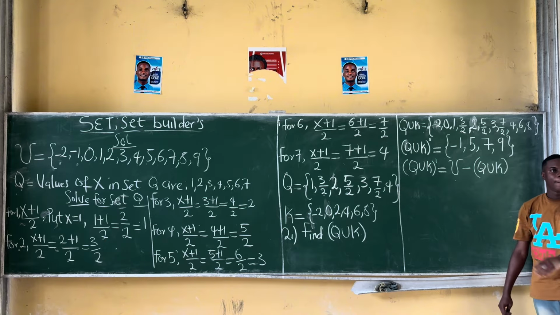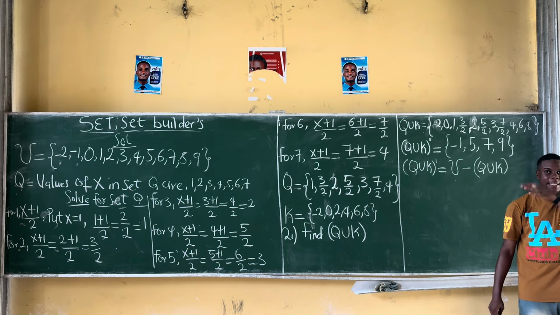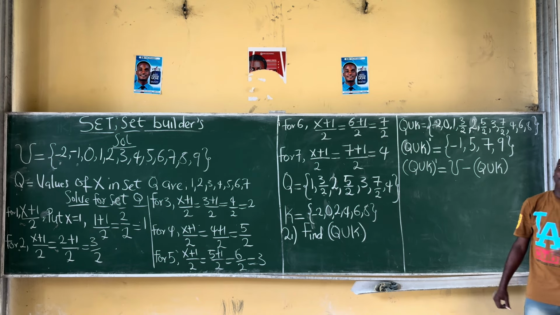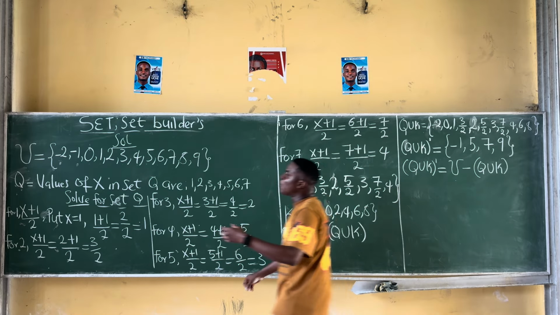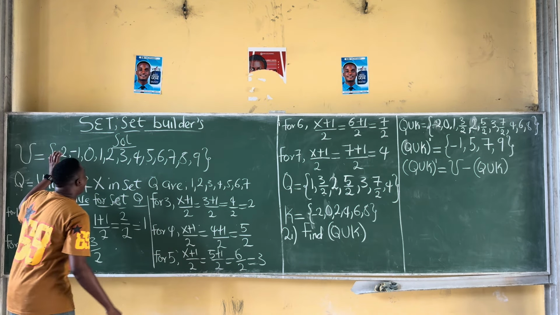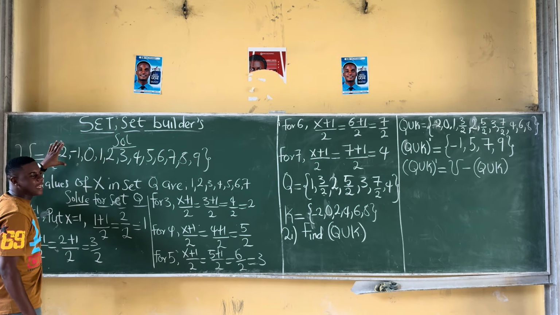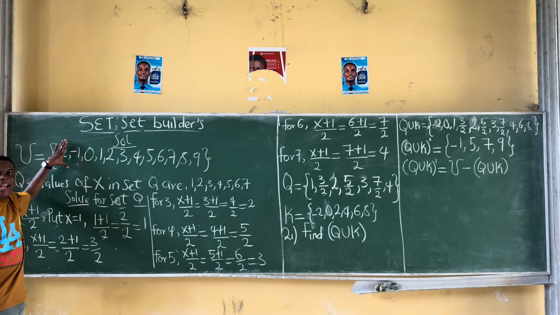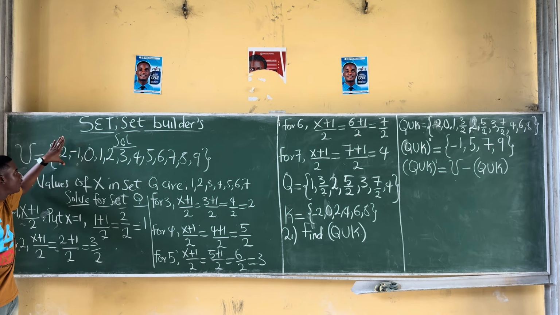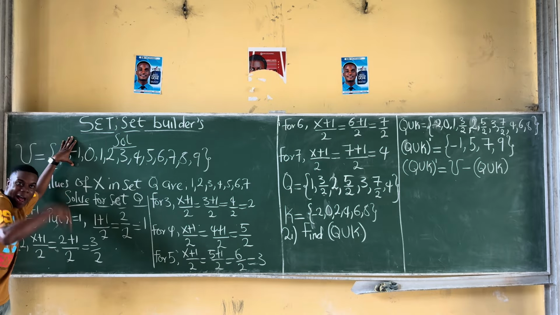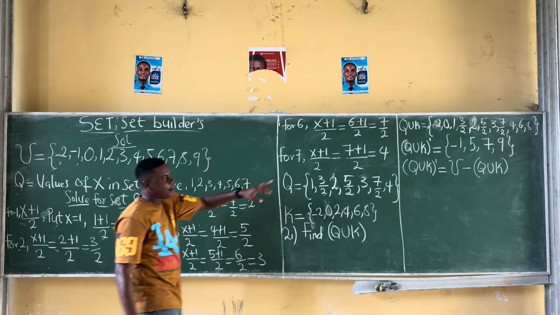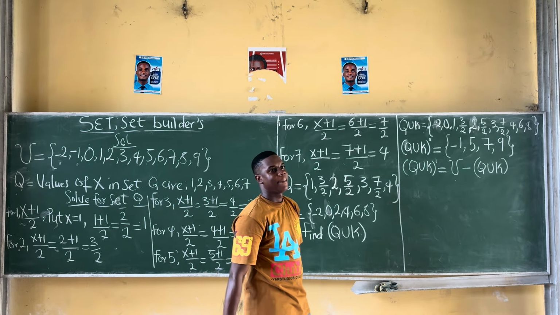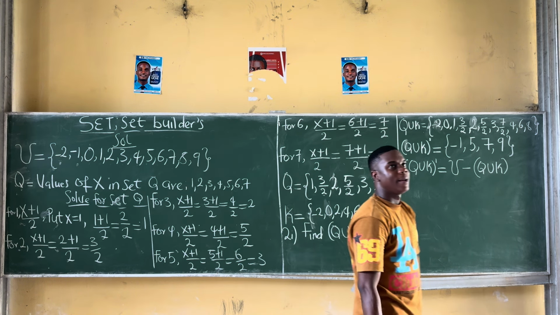Let's take it like that. That means that you should cancel out every member of Q union K that's inside U. When you cancel it out, the remaining ones are Q union K prime. That is it.